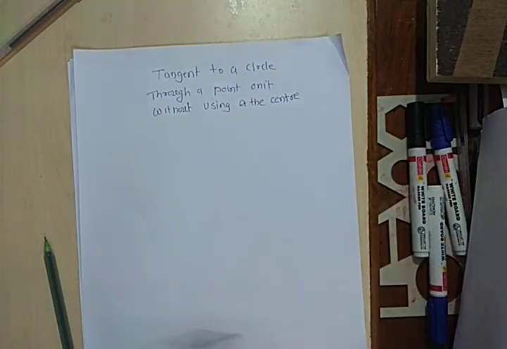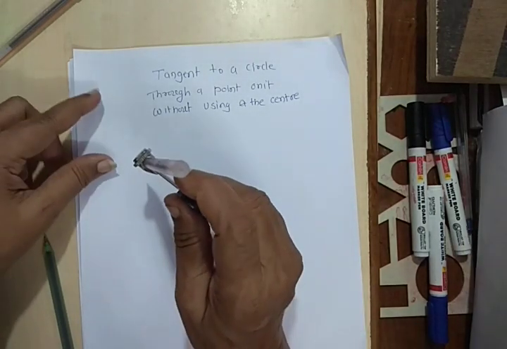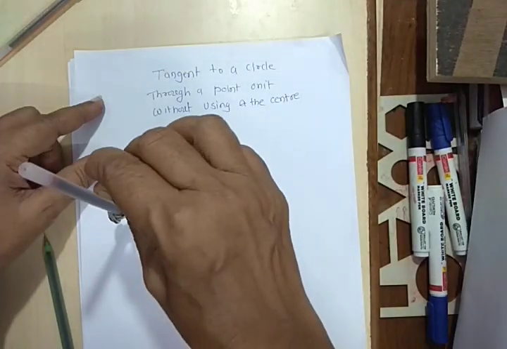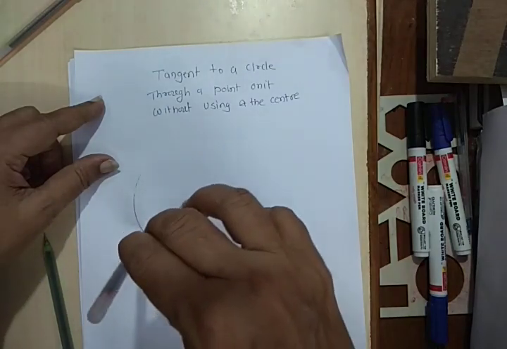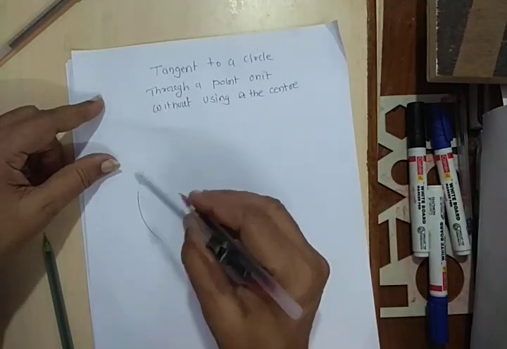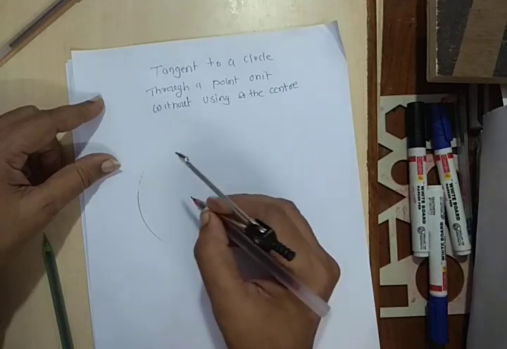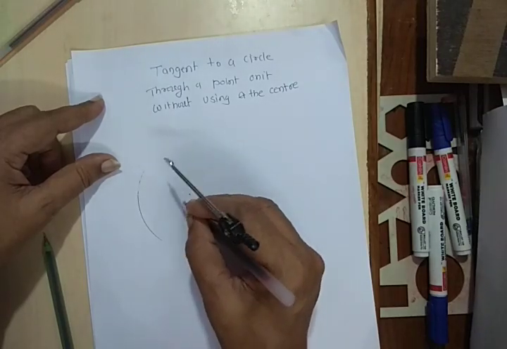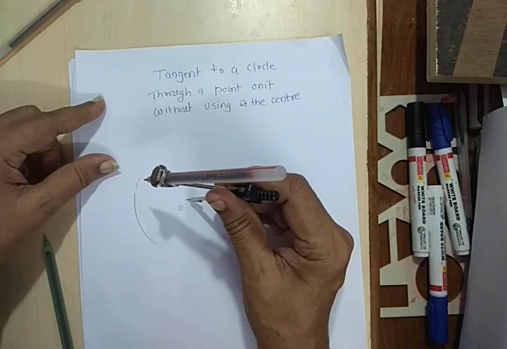I will draw the circle with radius 4 centimeter. I know the center point. Here I have marked center O. I am drawing the circle.